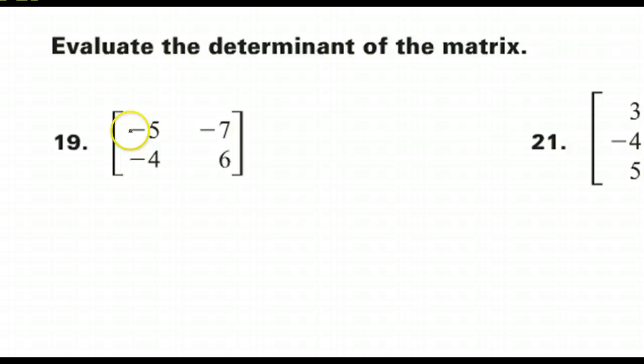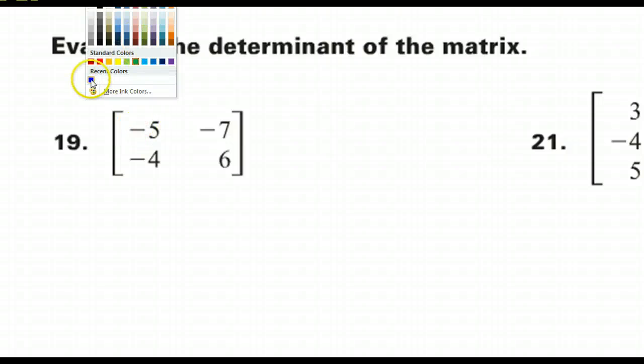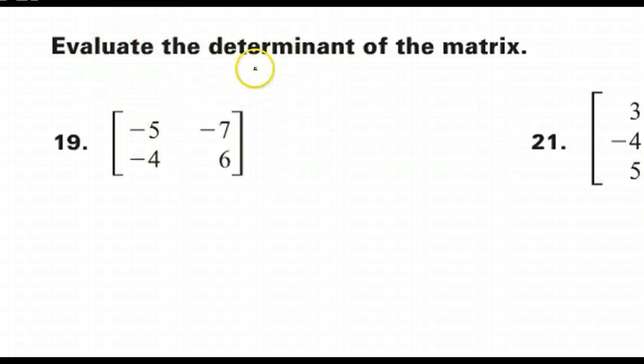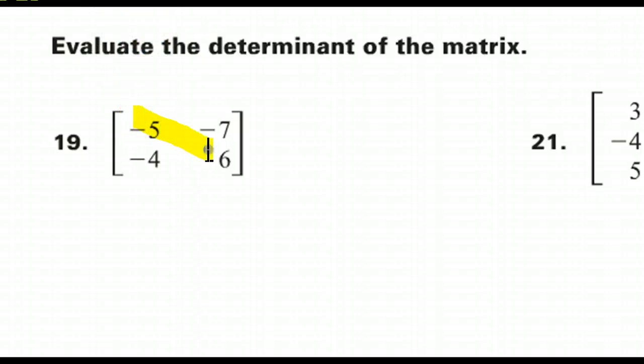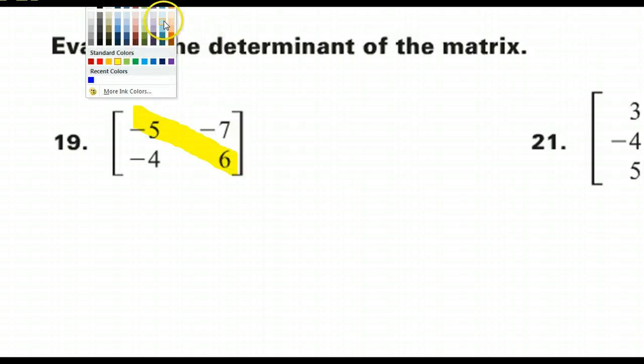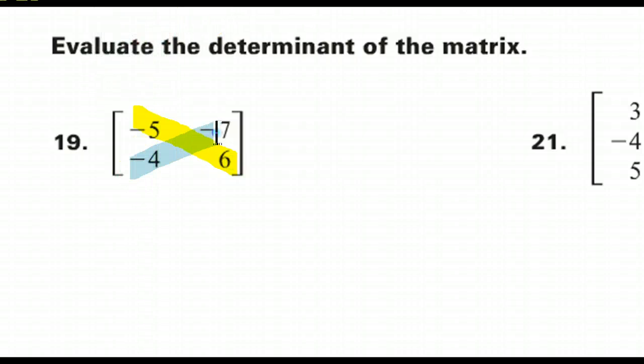Evaluate the determinant. Okay, nice, easy ones. Remember that the determinant of a 2 by 2 matrix is when we do the down diagonal minus the up diagonal. So I'm going to do this yellow diagonal minus this blue diagonal. That's how you do the determinant of a 2 by 2.